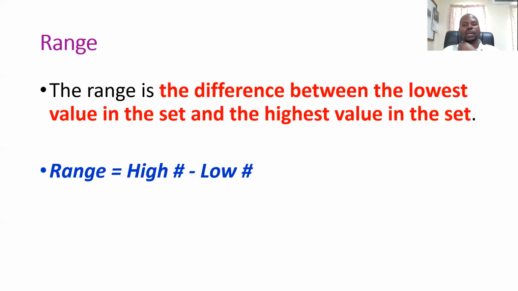So it's the highest minus the lowest. That gives you the range, and it's the starting point to give you a picture of how spread your observations are, and from there you can use other measures also to complement that, so that you get more informed.